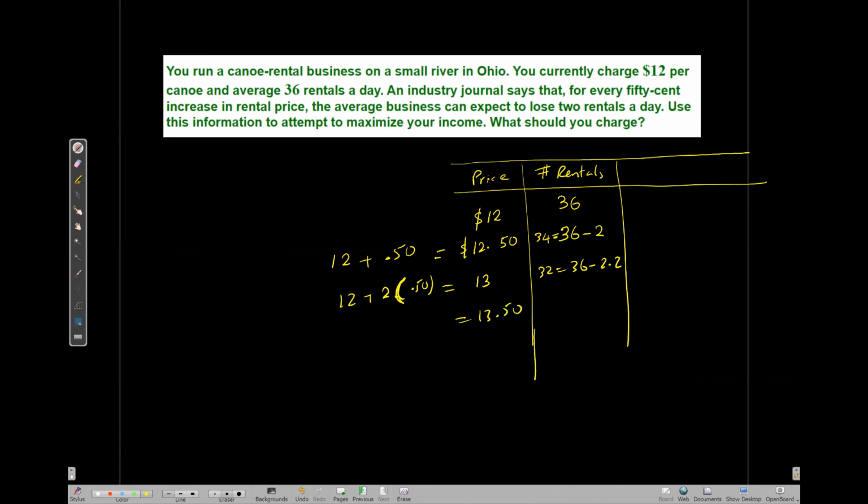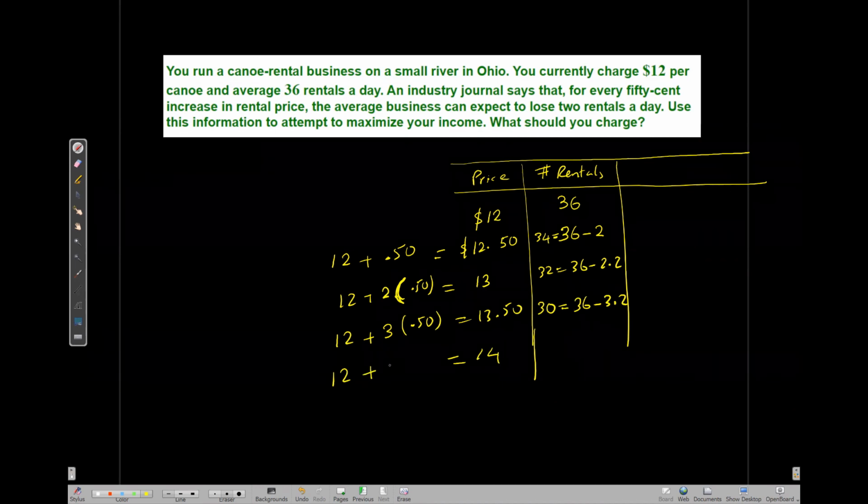See, this is the pattern you want to understand. So you are increasing now 3 of this increment, so 3 times 50 cents. And your rental is going down by another 2, so 30, but 30 you can write as 36 minus 3 times 2. Let me do one more round. So 14 is actually 12 plus 4 times 50 cents, and here 28, that is 36 minus 4 times 2.